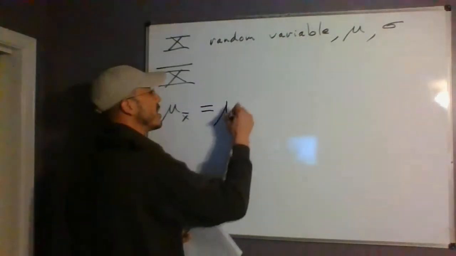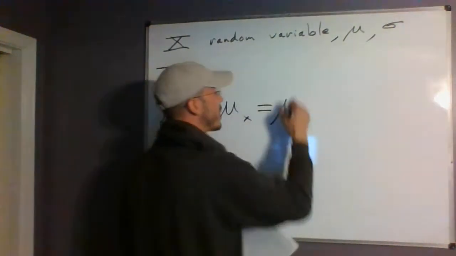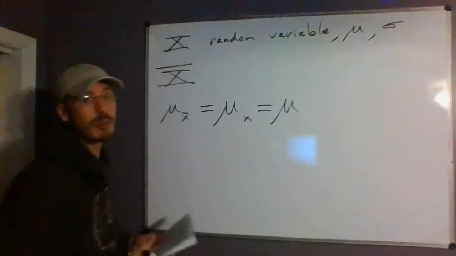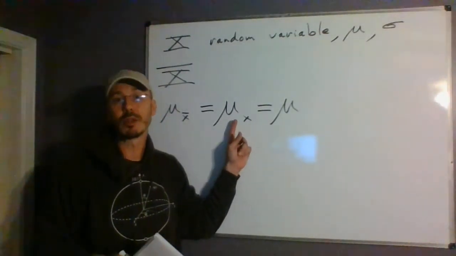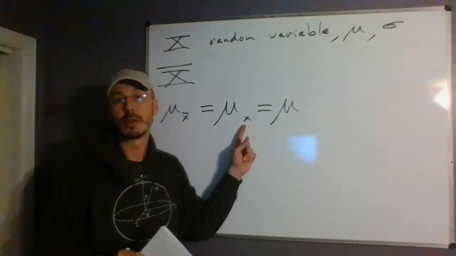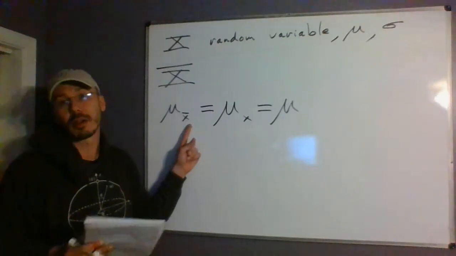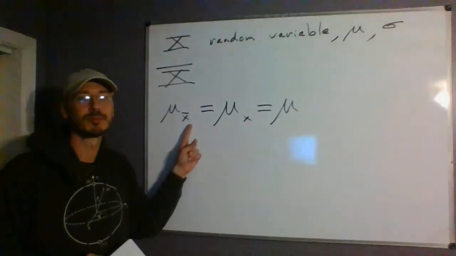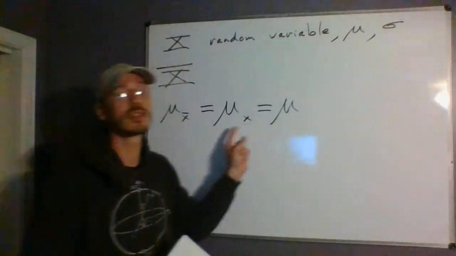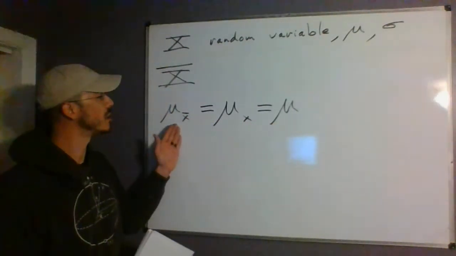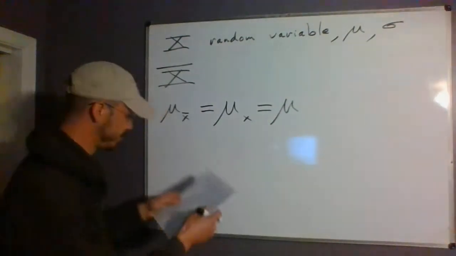But it's equal to the original one. We usually just call that mu, the mean of the population. If you want to be explicit about it, you can say the mean of the x variable. But here we're looking at the mean of the x bar variable, treating the sample means as a new variable. But the good news is it's the same. The mean of the sample means is the same as the mean of the population.